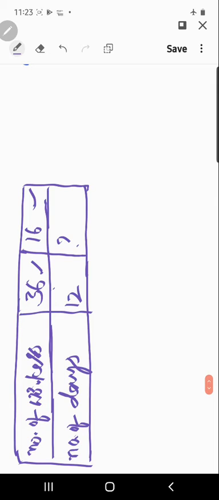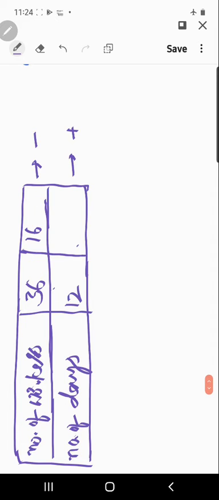Days will increase. So here the days are increasing while the workers are decreasing. What is the relation between these two quantities? Inverse proportion. I told you already, if one quantity increases, the other decreases, and if one decreases, the other increases, the opposite way. So these two are in inverse proportion.